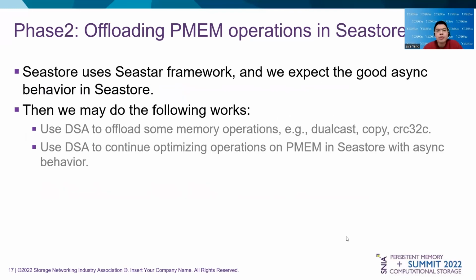So in phase 2, we will try to offload persistent memory operations in CrimsonStore. Because CrimsonStore uses the Seastar framework, it is also an async programming framework. So we can expect good async behavior in CrimsonStore. So when we integrate DSA, we will do the following work.